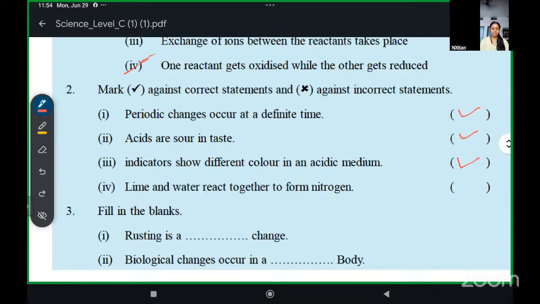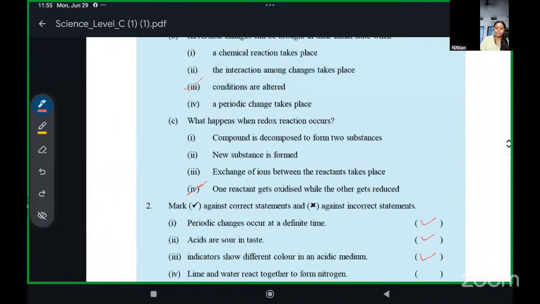Litmus or a pH universal indicator will change color when you use them in an acidic medium. Lime and water react together to form nitrogen. Is that true or false? I think this one is false.